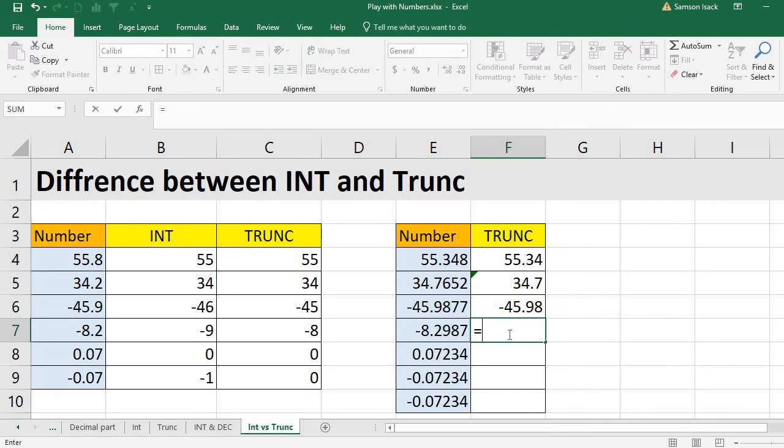TRUNC of only one digit, which is minus 8.2. For our decimal numbers, two digits, 0.07, only the decimal part, because it is a decimal number.